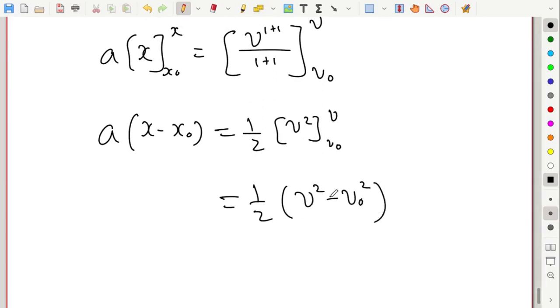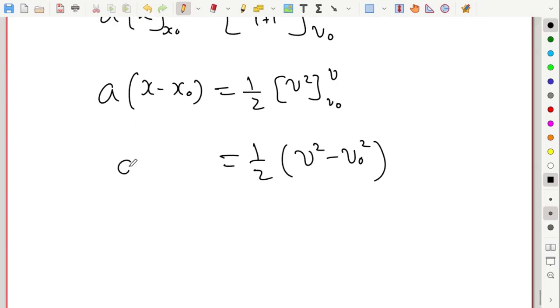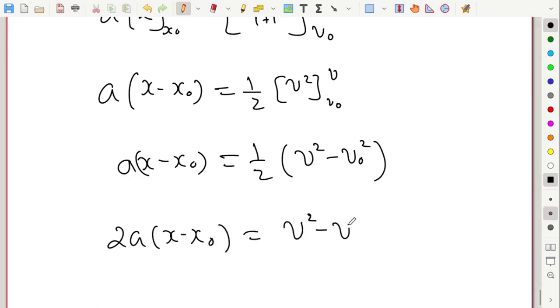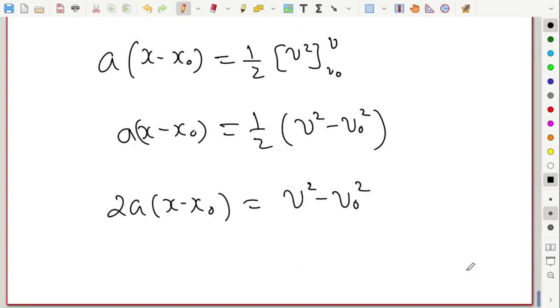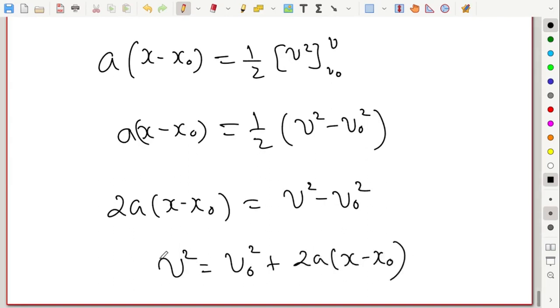Upper limit gives v square, and in place of v, lower limit v0 gives v0 square. So here we have a times x minus x0. Rewriting this, 2a times x minus x0 equal to v square minus v0 square, or from this, v square equal to v0 square plus 2a times x minus x0. Okay, so this is our final equation of motion.